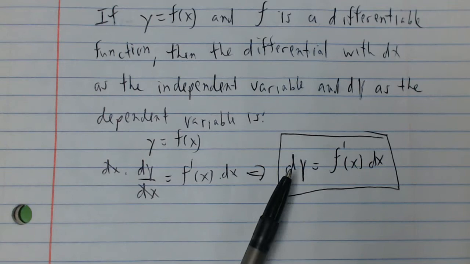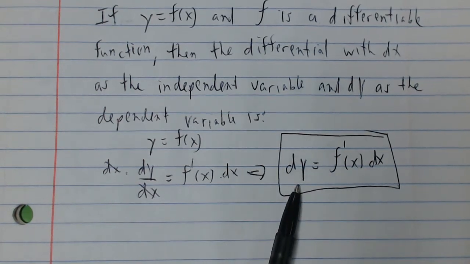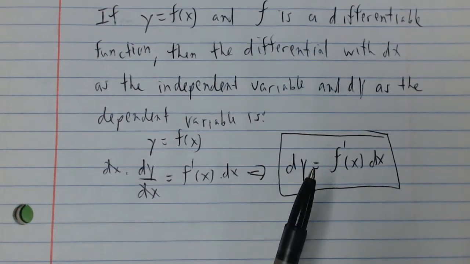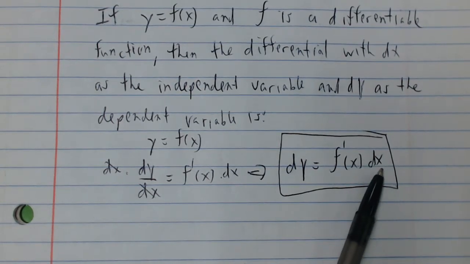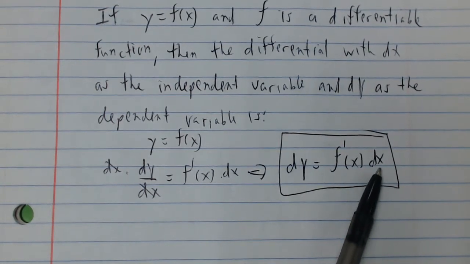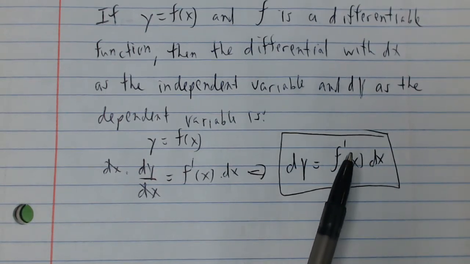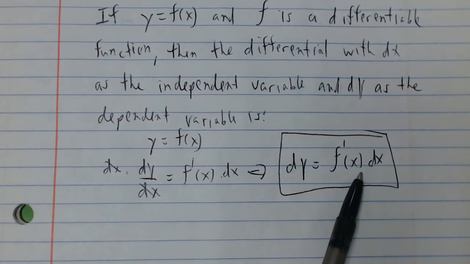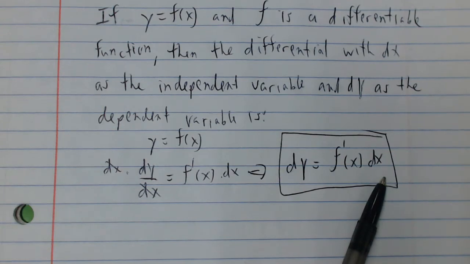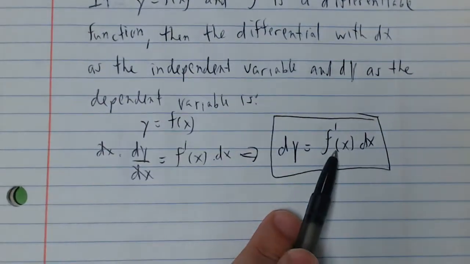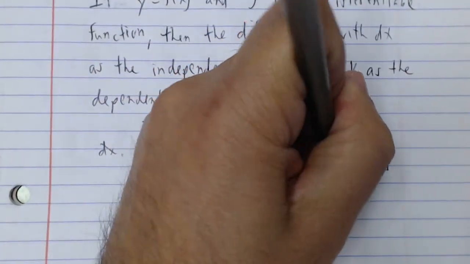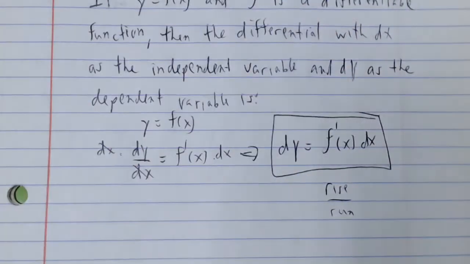Why is this my differential? See, dy is how much your y on the tangent line changes. Dx is how much the x on your tangent line changes, or how much we move right or left. So f prime is the slope of the tangent. Dx is how much I'm moving away from the point of tangency. Since f prime is the slope of the tangent, think of it as rise over run. That's what a slope is, right?